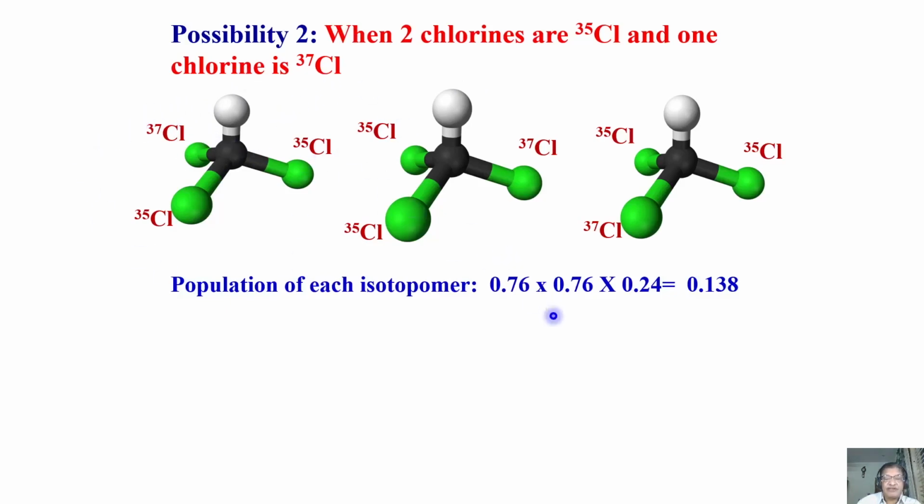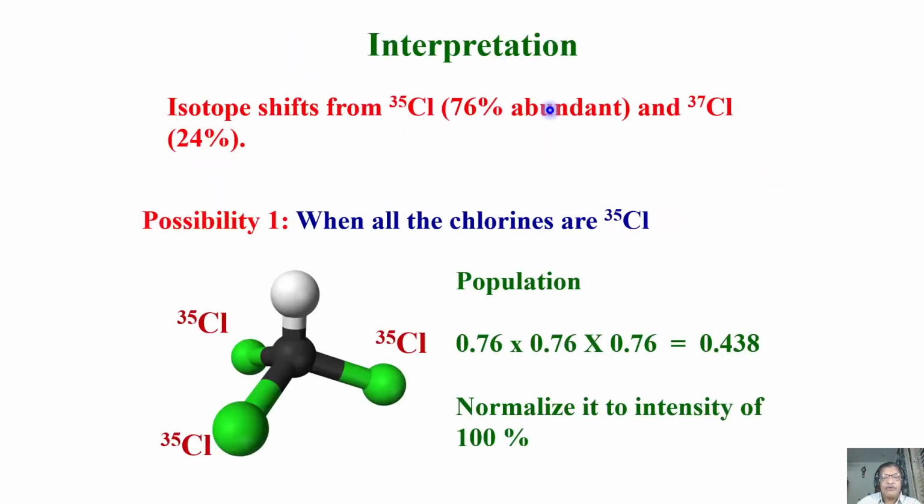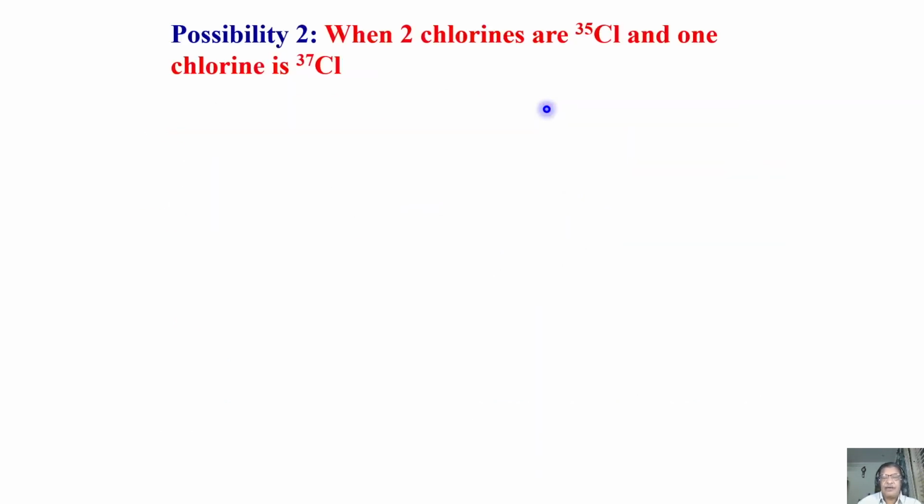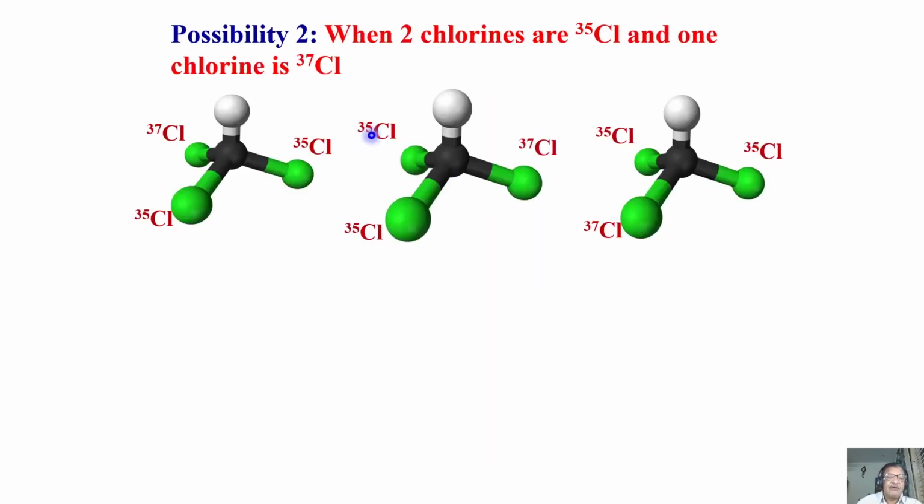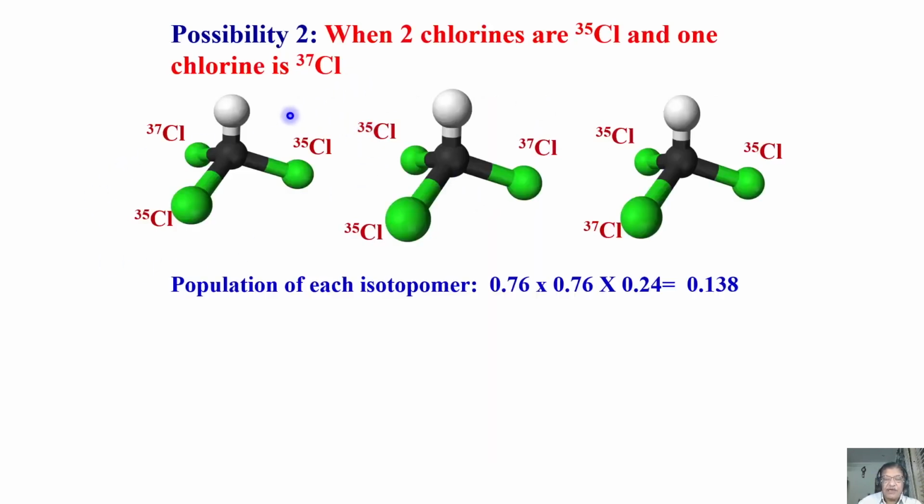So three such possibilities. Now consider the population in such a case. When one chlorine is 37, what is the percentage of abundance? I said chlorine 35 is 76, 37 is 24. Now in this case 35 is 76% abundant. We'll put 0.76, 0.76 for two chlorines which are 35 and 0.24, 24% abundance, for the chlorine which is 37.